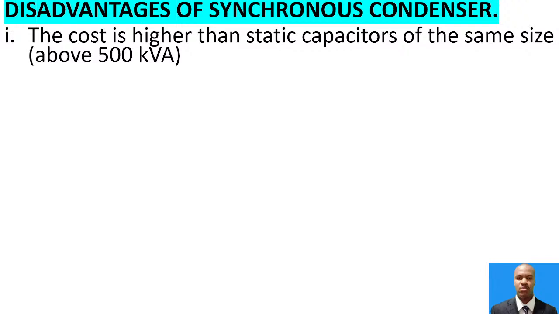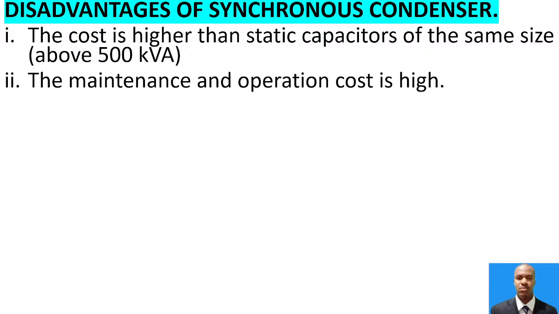So it simply implies that this one is more expensive compared to static capacitors, except for sizes above 500 kVA. Then the other disadvantage is that maintenance and operating cost is high.